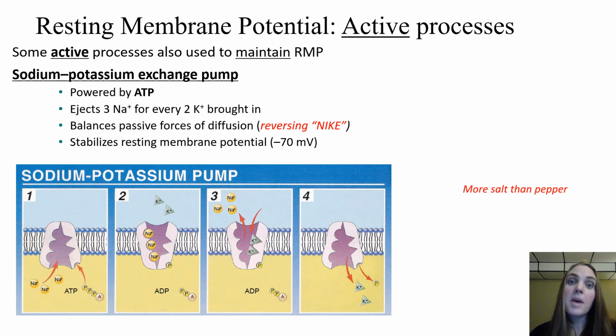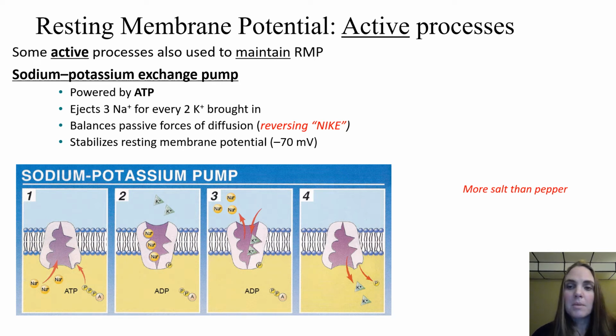In addition to the passive processes of the electrochemical forces, we also have active processes to maintain our resting membrane potential. The cell wants to maintain that potential difference so that when it needs to use that potential energy, it can. One of the active processes that helps maintain this is the sodium-potassium exchange pump. We mentioned it earlier in the semester when we were talking about cell membranes.